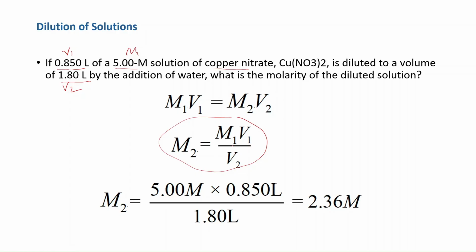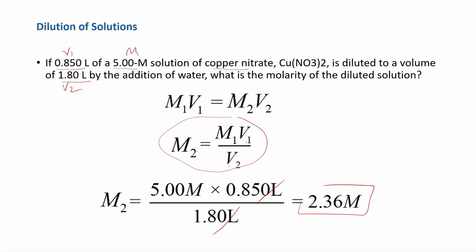So now I say, okay, M1 is 5 molar. And don't forget all the significant figures. V1, 0.850. V2, 1.80. So I do the calculation. The smallest number is 3 significant figures, so there you go. You also know liters and liters cancel out, so the unit is right too.